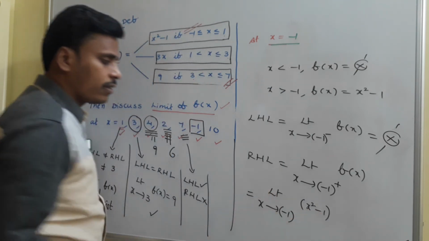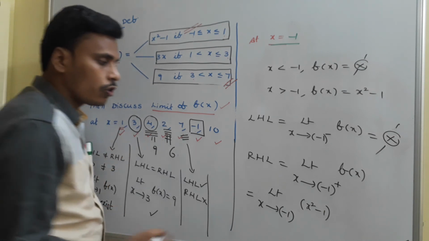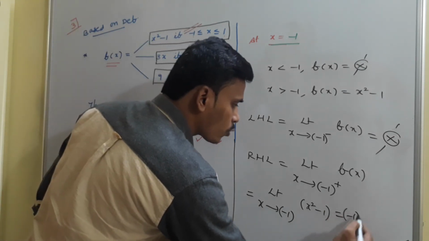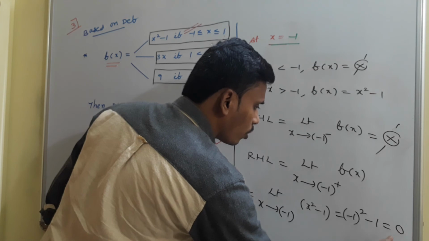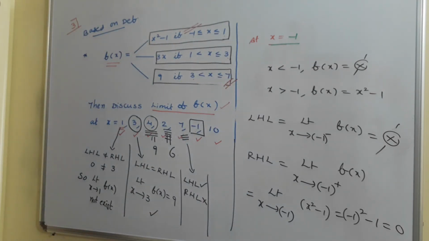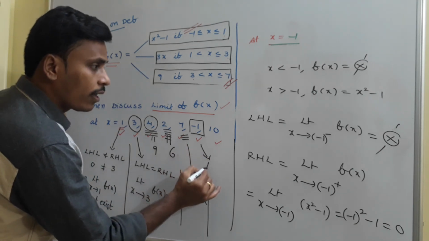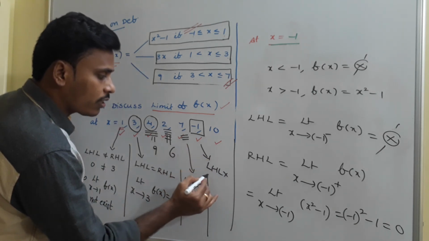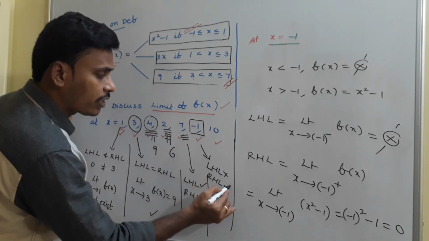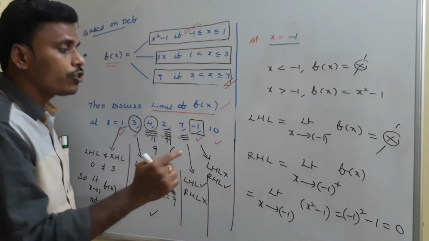No need to use plus now because the definition is already used. So this equals minus 1 square minus 1, which is 0. So at the end, the right hand limit is 0, whereas the left hand limit does not exist. I conclude that at minus 1, the left limit does not exist, the right limit exists, and its value is 0.